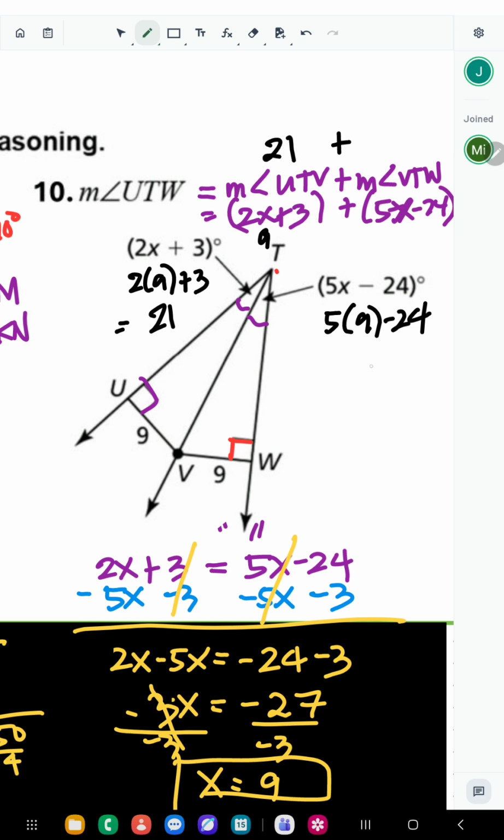And then the other one is 45 minus 24, 21. Okay, so that means this angle here is 21 degrees. Therefore, angle UTW is equal to 42 degrees.